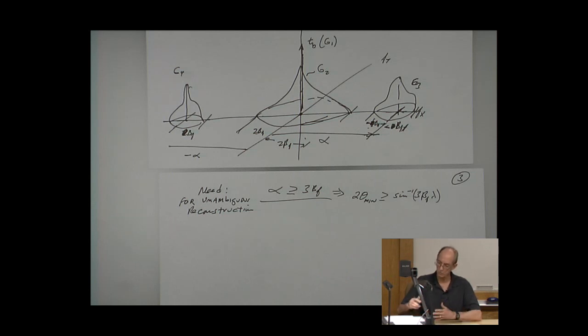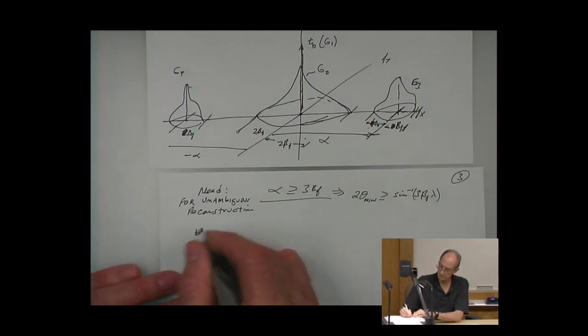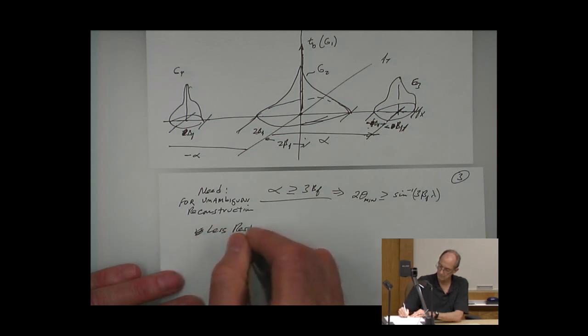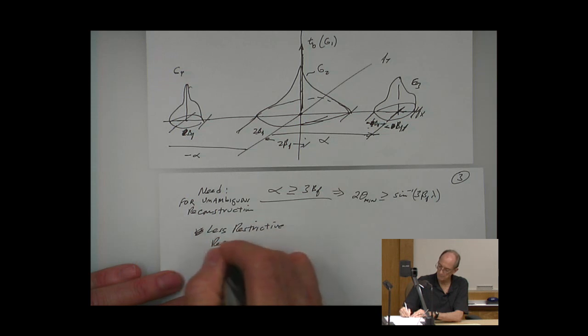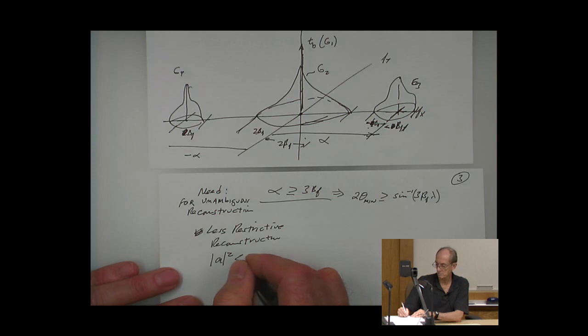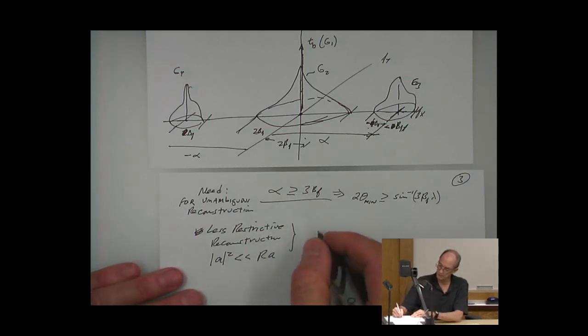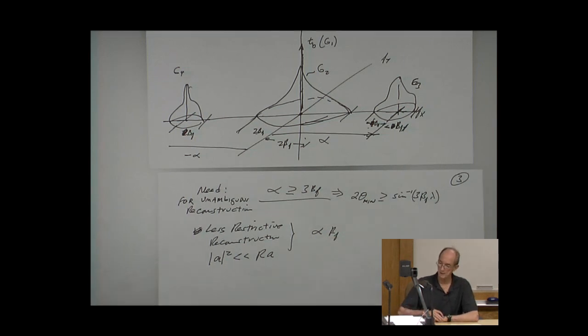So if we have a less restrictive reconstruction, meaning that this a squared that we have here is, say, much less than r times a that we're using for this G3 and G4 component, then all we need here is just that alpha is going to be greater than or equal to BF, because we don't have to worry about this.